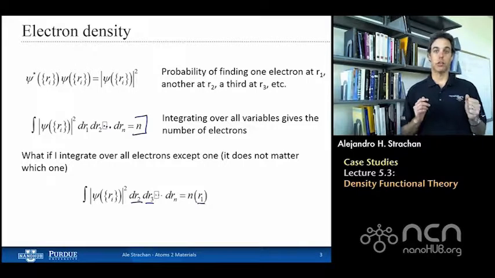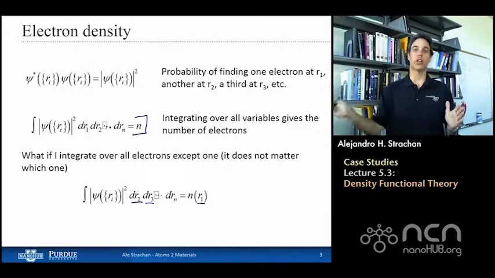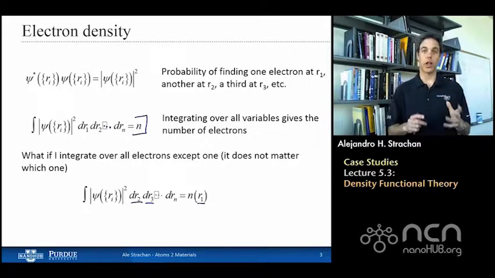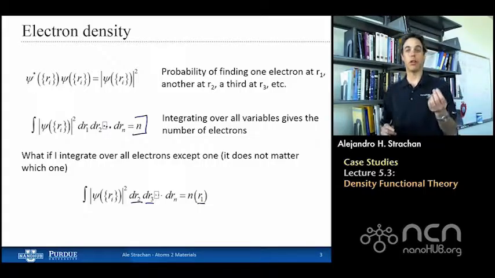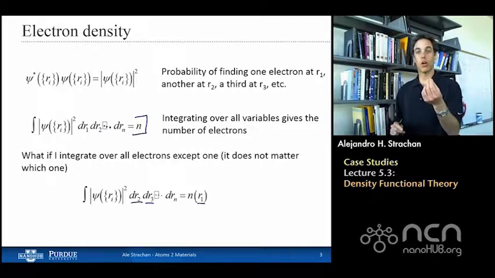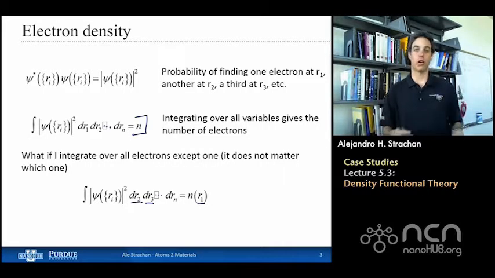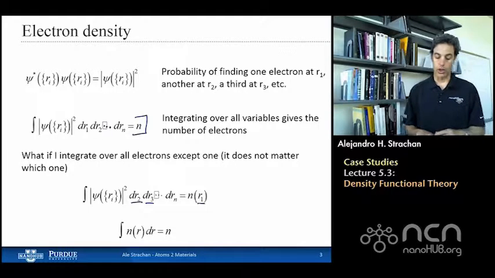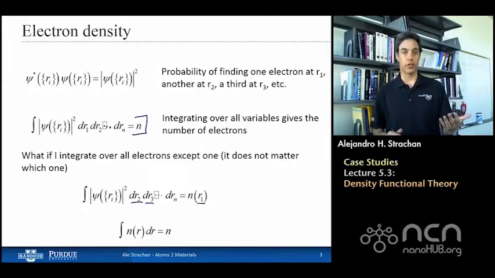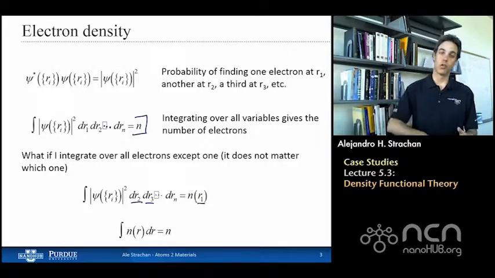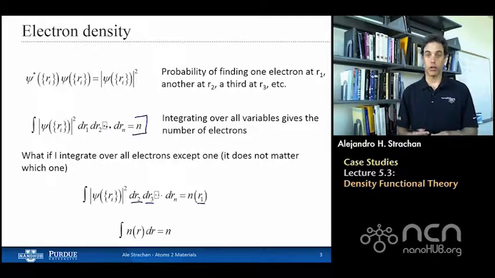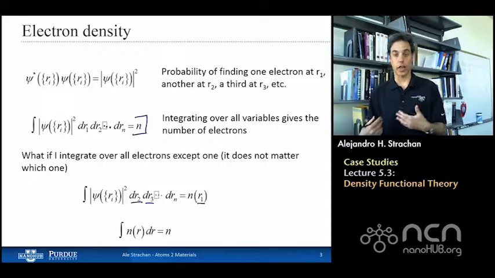But the important thing is that if I integrate out all of the other electrons, what I get is the probability of finding an electron at position R, regardless of where all the others are. And that's the electron density. If I integrate this function n of R over all of its variables, I get n, of course.